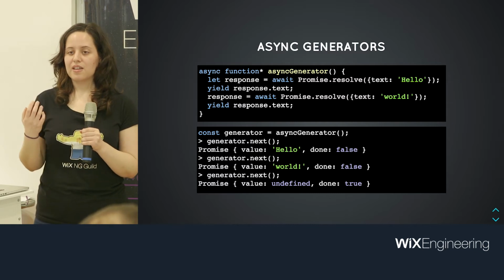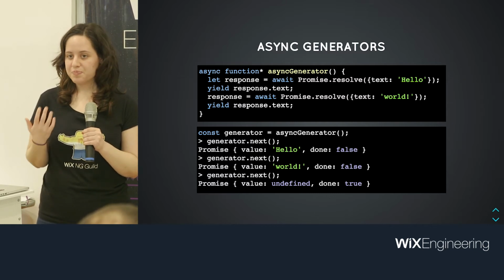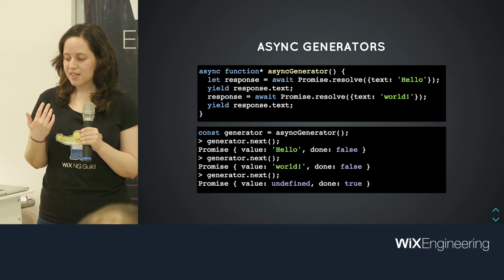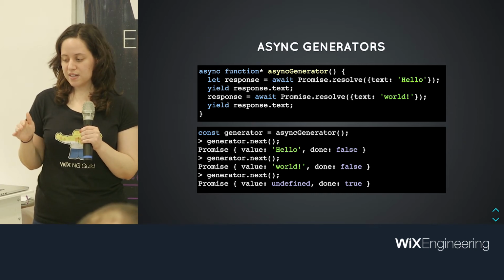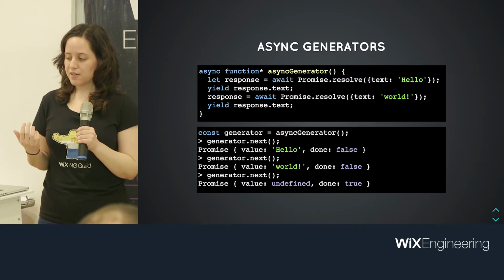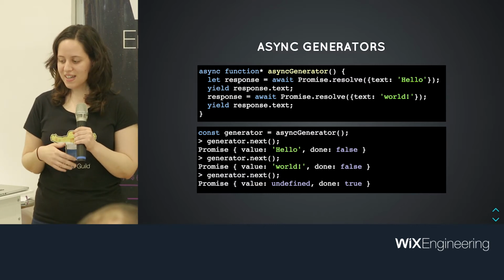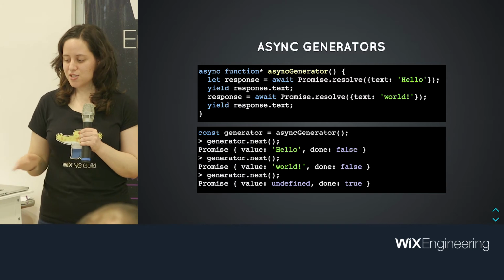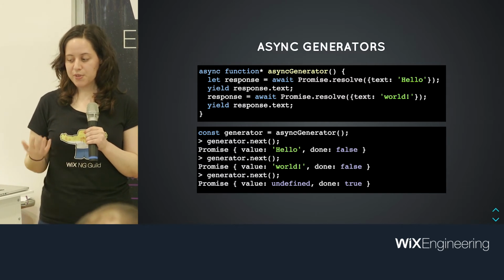Then when the promise we await on resolves, the execution continues until the yield and wraps the yielded value with a promise. And that's returned to next. So it's actually pretty interesting.